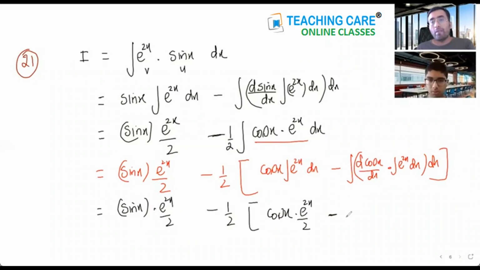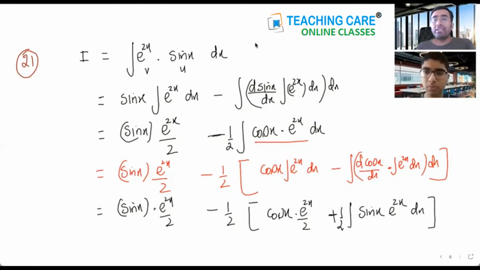The differentiation of cos x is minus sin x, so this will be plus sin x times e raised to the power 2x divided by 2, dx. Now see, again the same term came, so we will not do integration again.